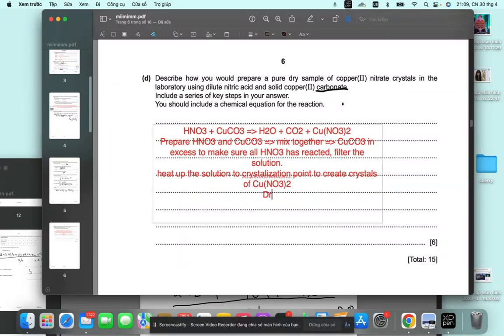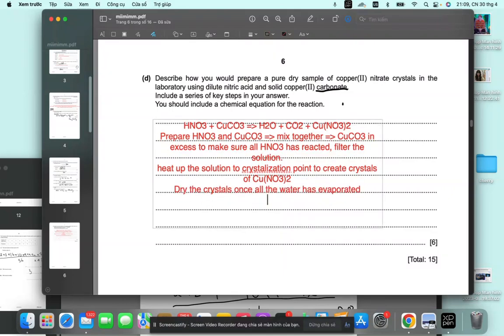Then we dry the crystals once all the water has evaporated. We dry the crystals once evaporated. So here we have key steps in our answers.